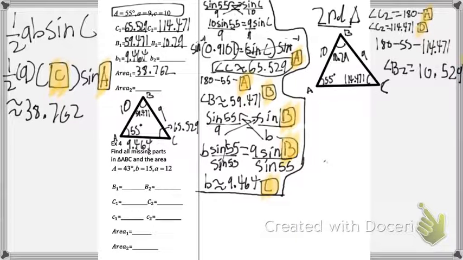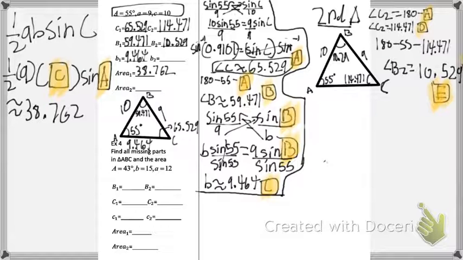So that equals E. Let's erase it over here and make it smaller: 10.529.